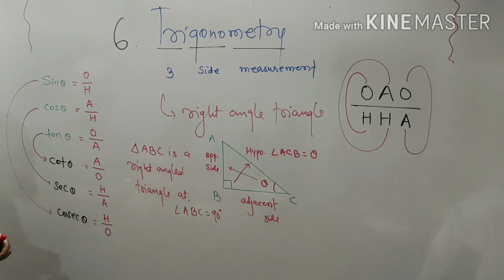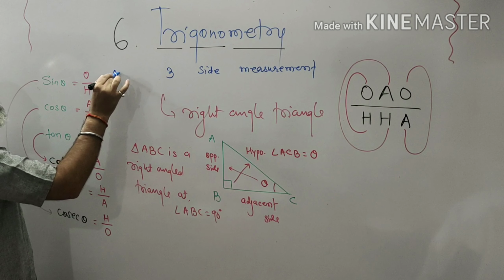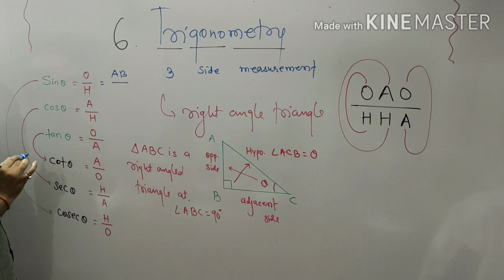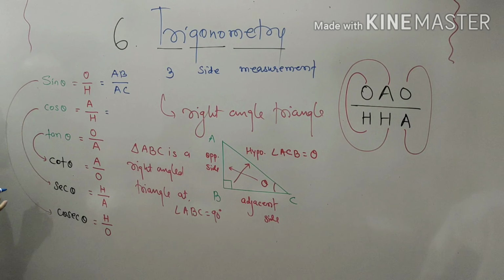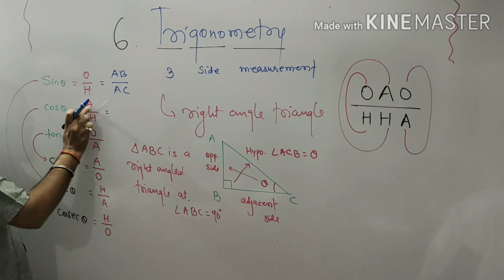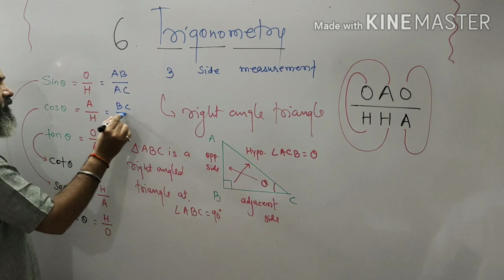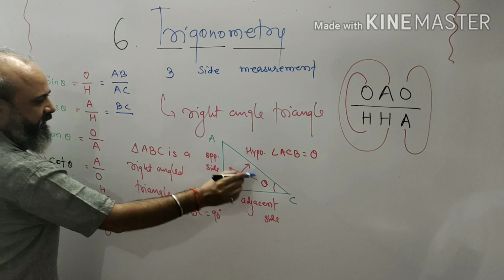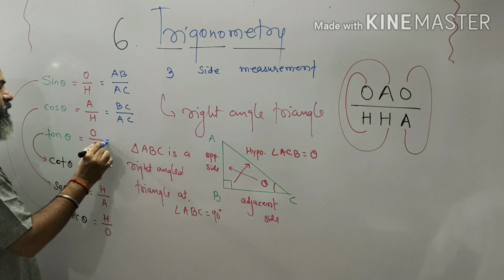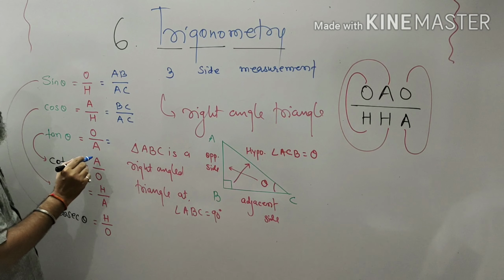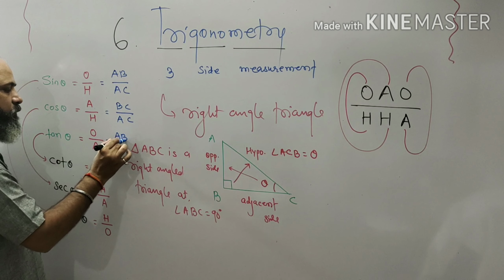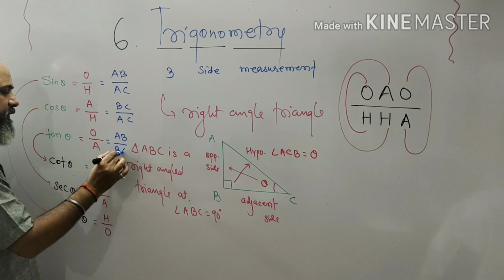What will sin theta be? Opposite side AB upon hypotenuse AC. For cos theta, the adjacent side is BC, divided by hypotenuse AC. Similarly tan theta is opposite side AB to adjacent side BC.